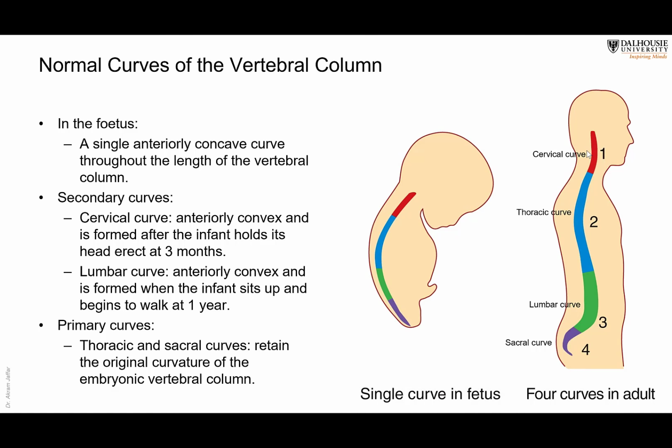When the baby holds his head, this curvature, which is convex forward, not concave, called the cervical curvature, appears. And then after that, when the baby starts to sit and especially to walk, there will be another secondary curvature, the lumbar curvature, which is convex forward.